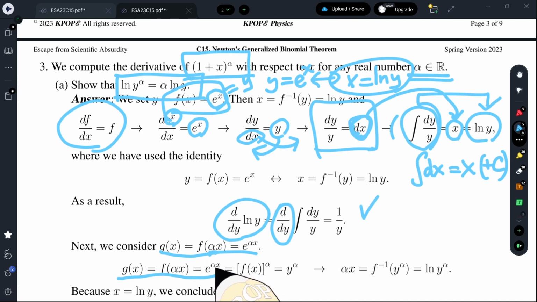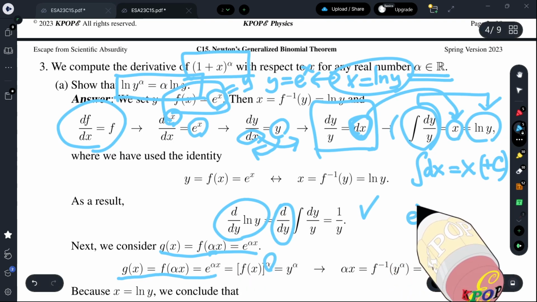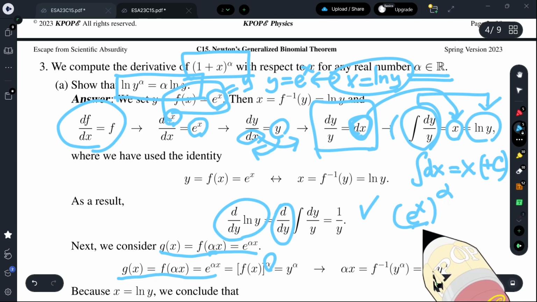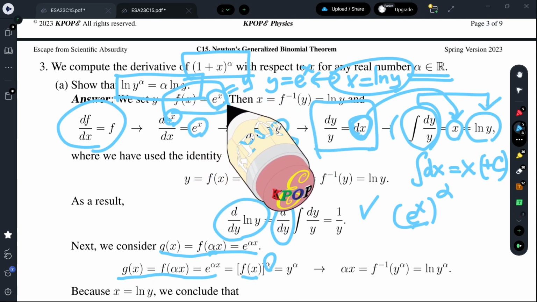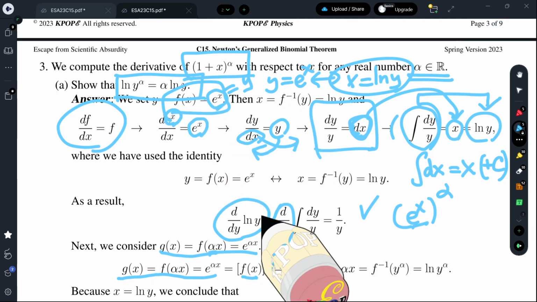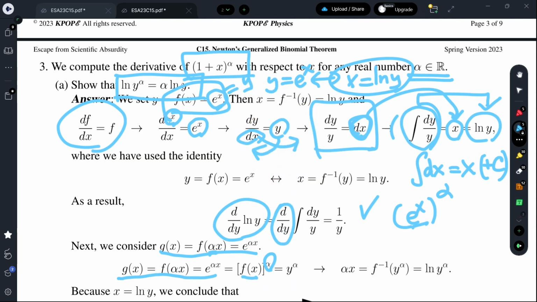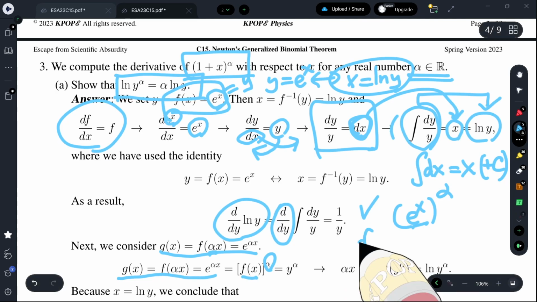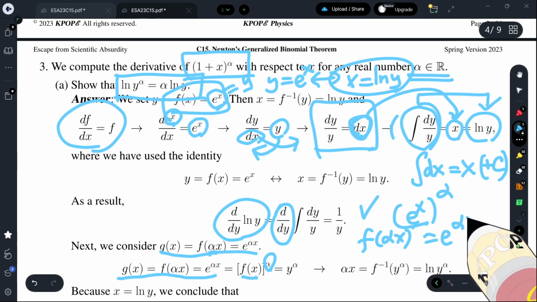Alpha can be pulled out as a power, and it is e to the x, to the alpha, and this is f of x. We know what f of x is. f of x is exponential x, and that is also defined by y, so y to the alpha. All right, so f of alpha x equals e to the alpha x.